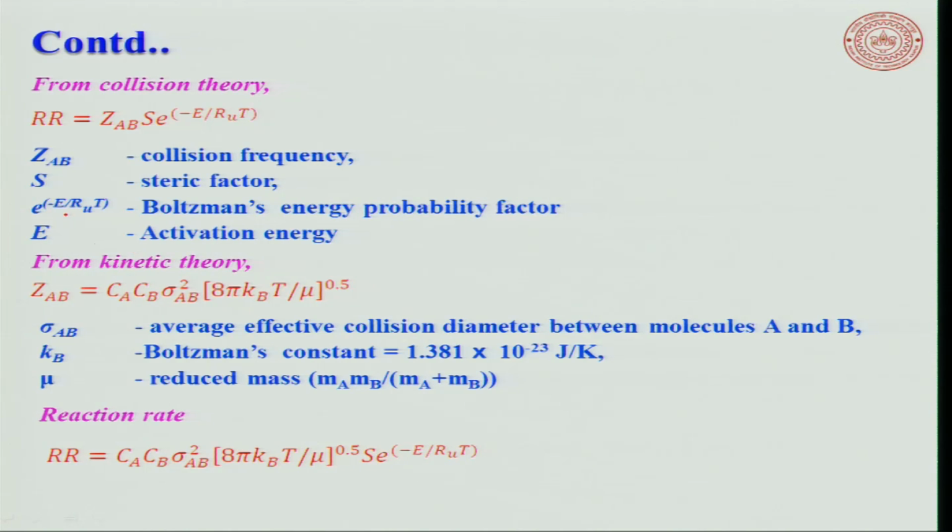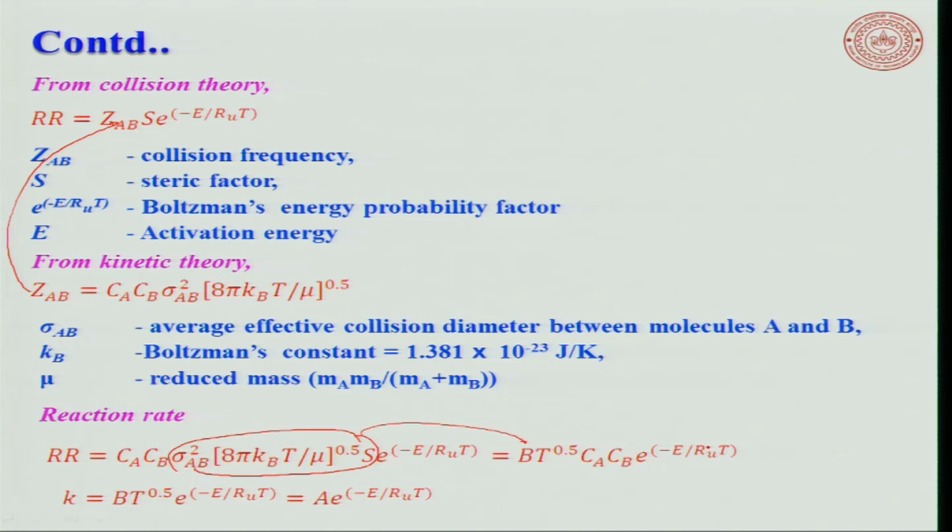If I club all those things together and keep the temperature out, this portion I can write as B T to the power 0.5 C_A C_B e to the power minus E by RT. So then k is basically B T to the power 0.5 e to the power minus E by RT.